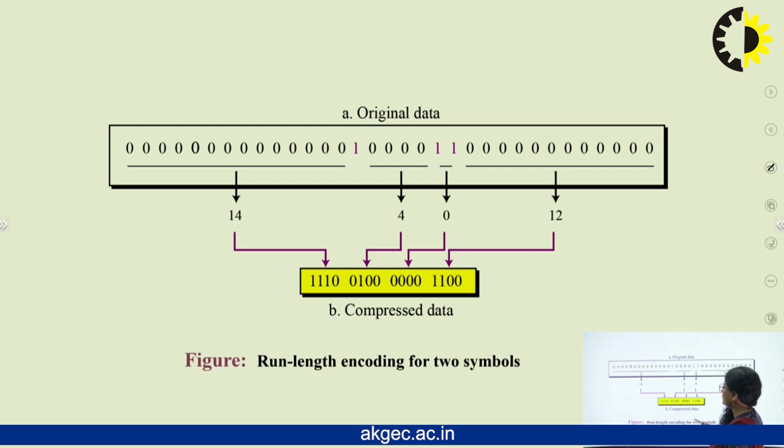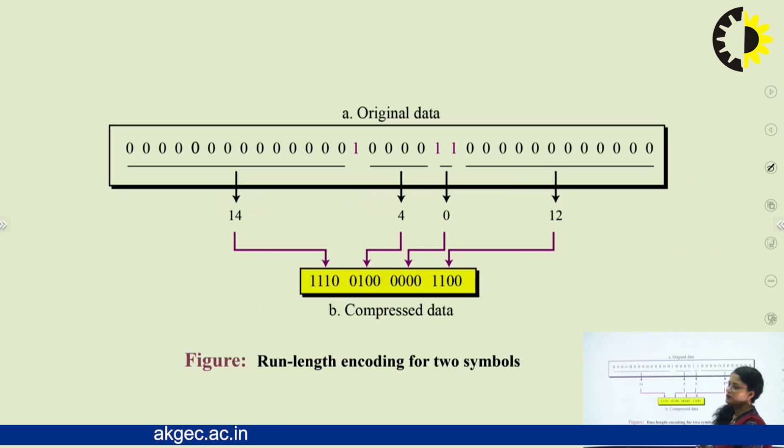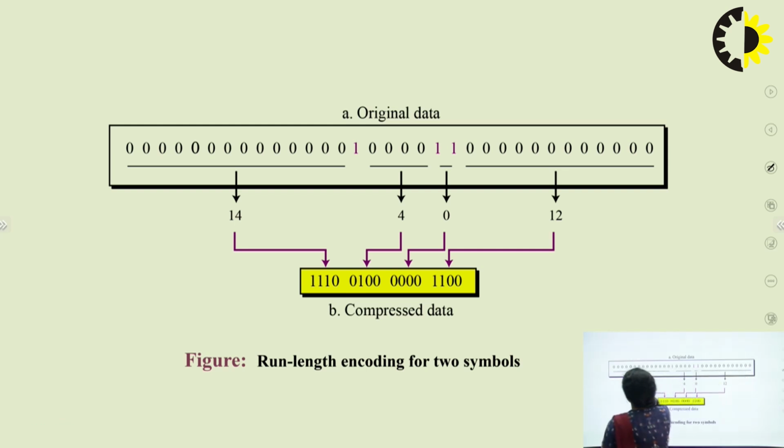Now, this was an example where we took symbols like A, B, C into consideration. This is an example where we take symbols in the form of zeros and ones, that means binary bits. Here our way of looking at it will be how many zeros we have.